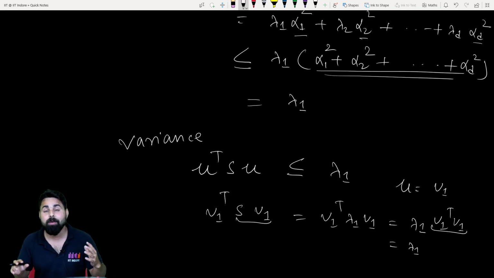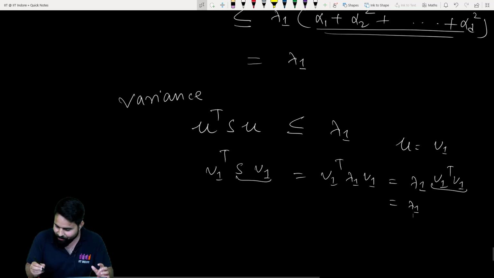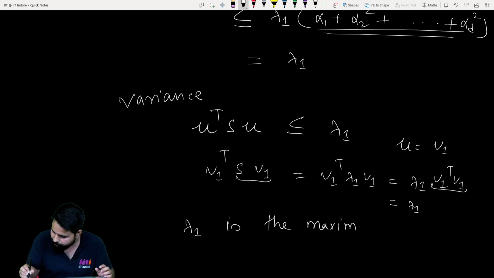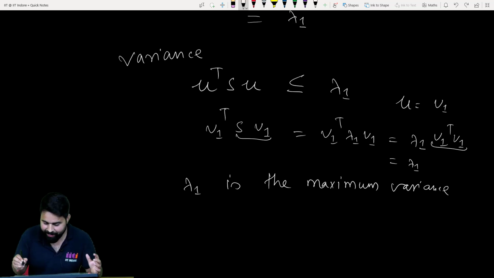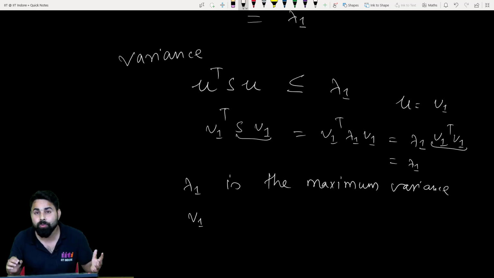So basically, if you project our data points along V1, the unit vector corresponding to the largest eigenvalue, which is lambda 1, we will get the maximum variance. Very good, so our aim is achieved. Lambda 1 is the maximum possible variance, and we achieve it when we project all these points along the unit vector corresponding to lambda 1.